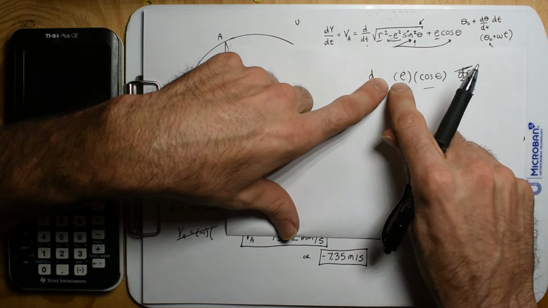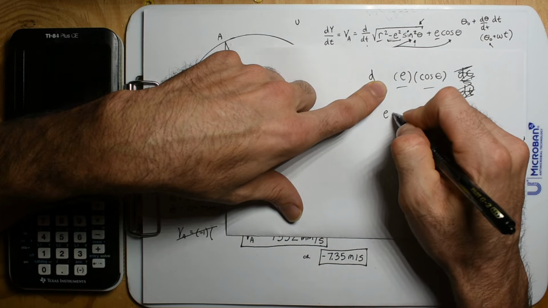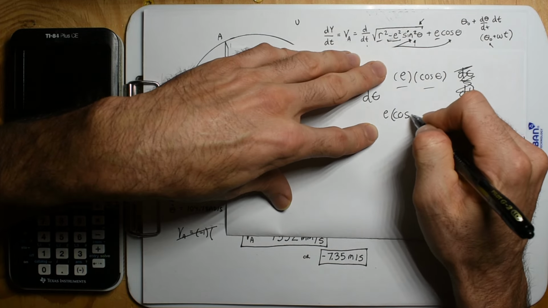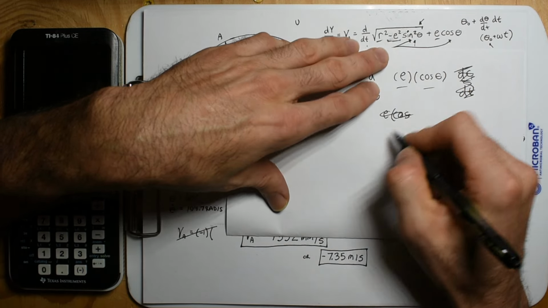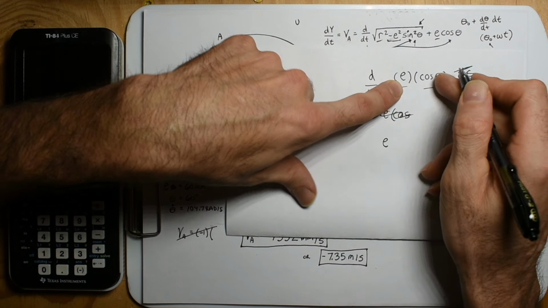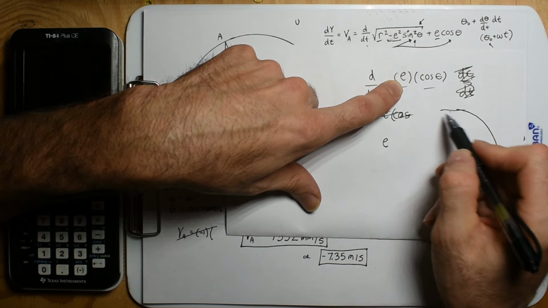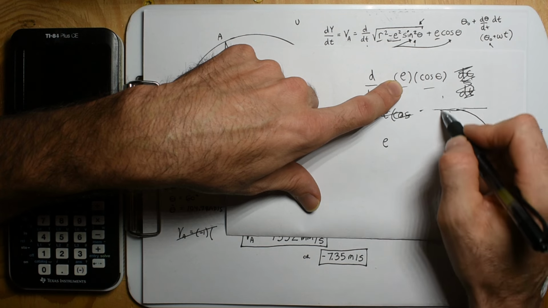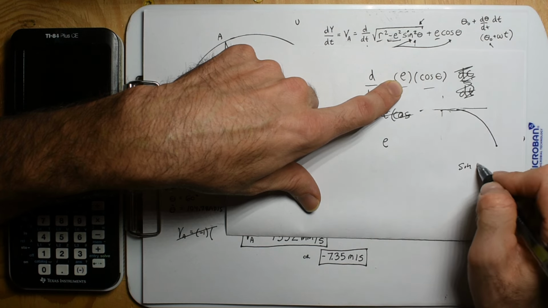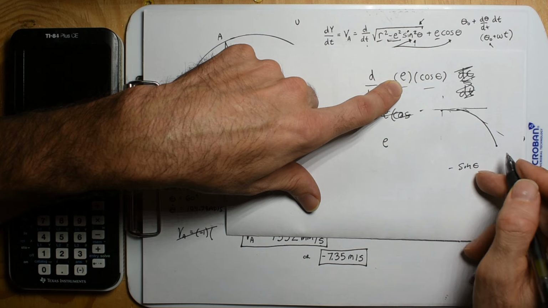if it's a product, I need to do the first times the derivative of the second. Sorry, so I'm going to take e, derivative of cosine. Always draw a cosine graph, something like that. And at 0, it's got to be sine theta, but it's in a negative direction, negative sign.